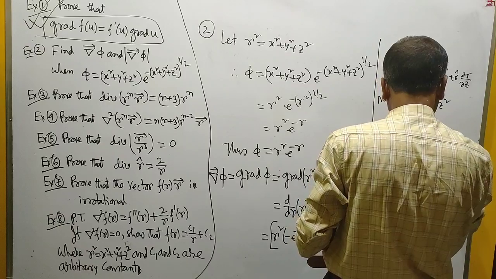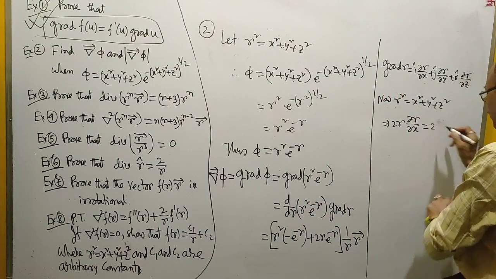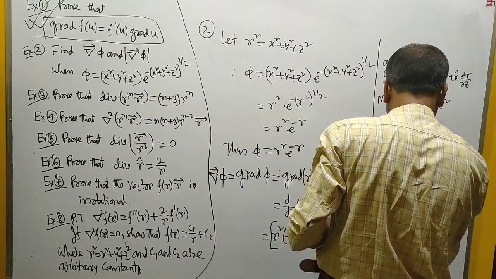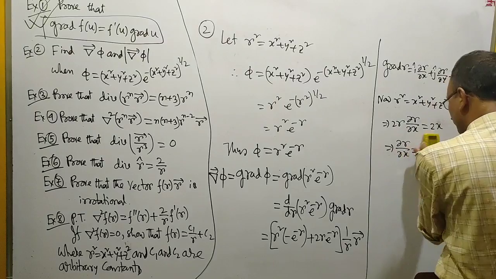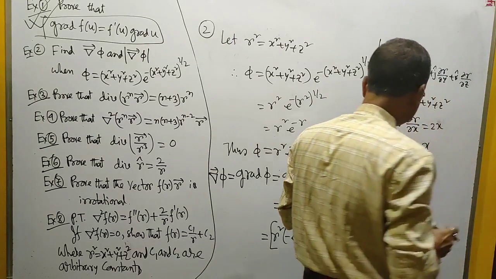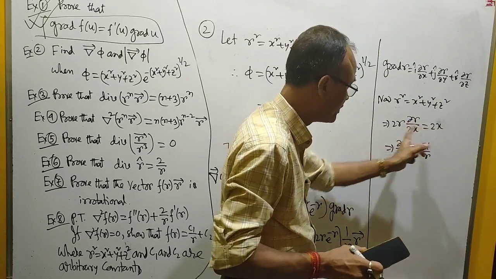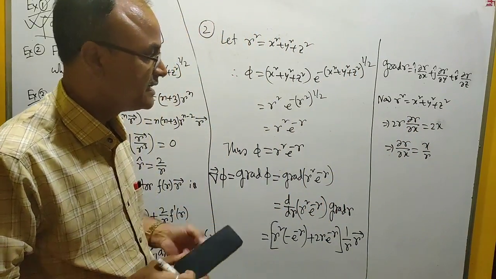Differentiate with respect to x partially, and you will get ∂r/∂x equal to x by r. Right?